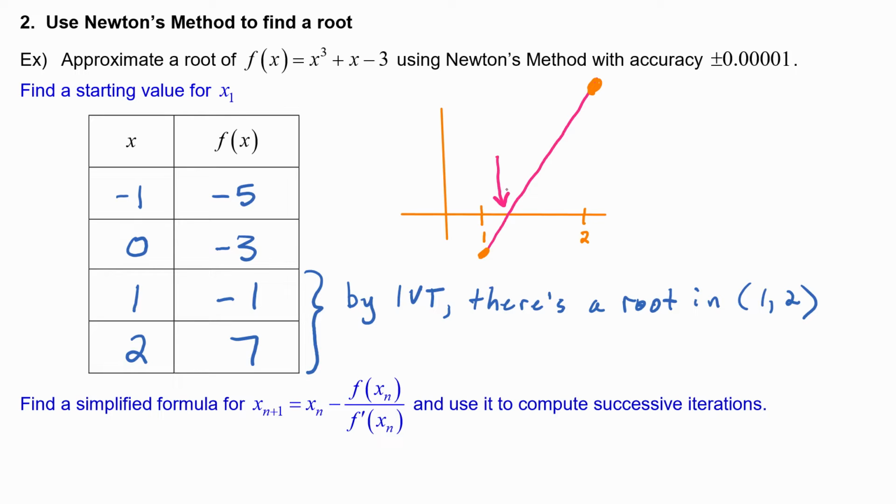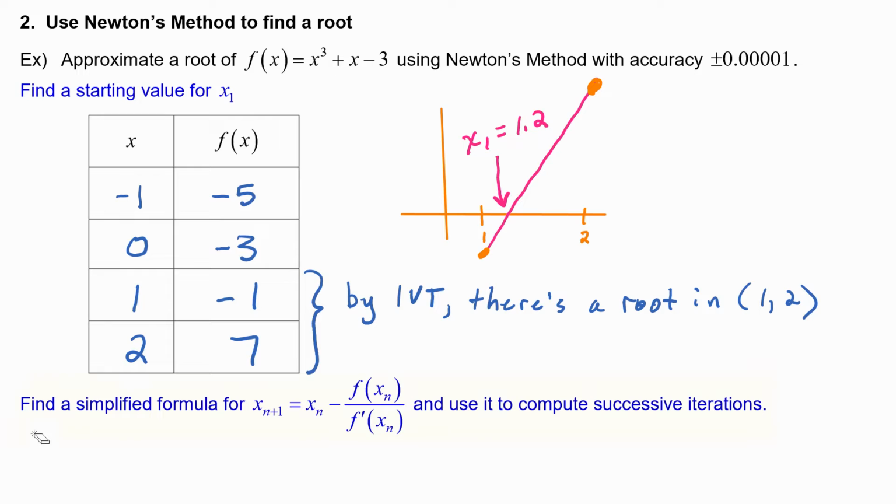And so, looking at this, you make your best guess and say, well, maybe we will choose x1 to equal 1.2, for example. Somebody else might have said 1.3. That's fine. Something near here.